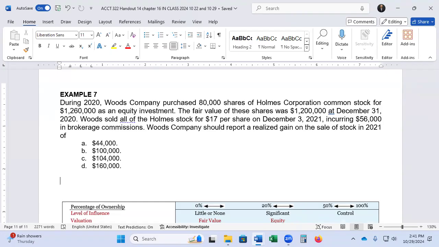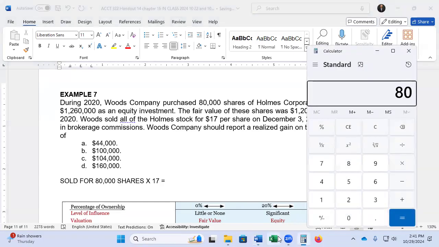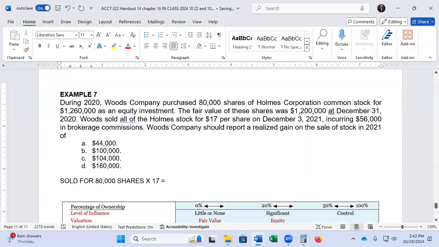so we have to say, okay, what did we sell them for? We have 80,000 shares times 17 equals $1,360,000.